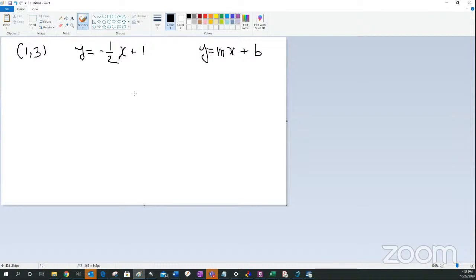Then I added 1/2 to both sides to cancel out the negative 1/2, and I got 3 and 1/2 equals b. Then I turned it into an improper fraction and got 7/2 equals b.